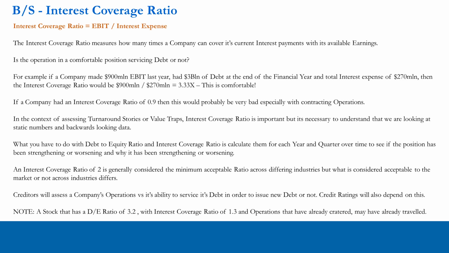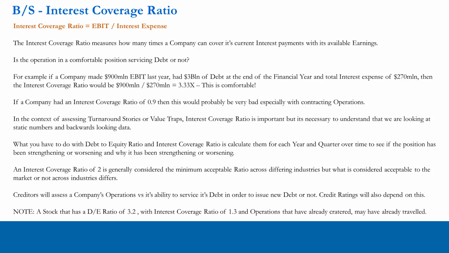What you have to do as an exercise with debt to equity ratio and interest coverage ratio is calculate them for each financial year and quarter over time to see if the position has been strengthening or worsening, and also look to the reasons why it has been strengthening or worsening.